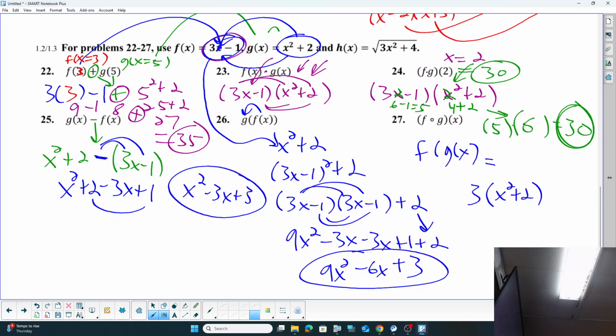And then don't forget at the end there's a minus 1, because it's g into f. There we go. Distribute it through, so that's 3x squared plus 6 minus 1. So that's 3x squared plus 5.